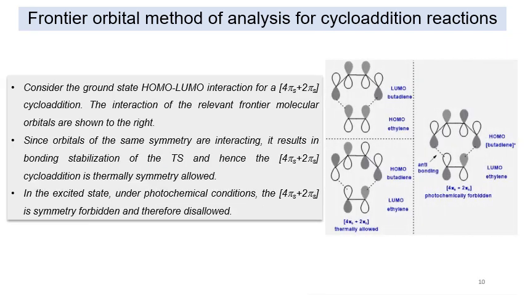Now let's consider a 4πs plus 2πs system. As we can see here, the ground state HOMO-LUMO interaction is what we are looking at. So you can see here in this particular case, if we are considering the HOMO of butadiene with the LUMO of ethylene, or the LUMO of butadiene and HOMO of ethylene, in both the cases, the 4πs plus 2πs is having the same symmetry.